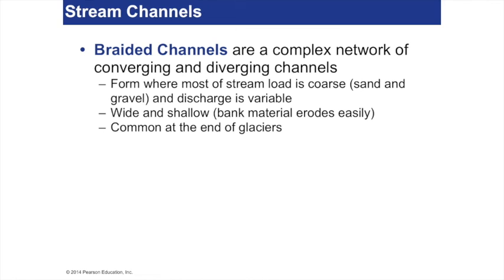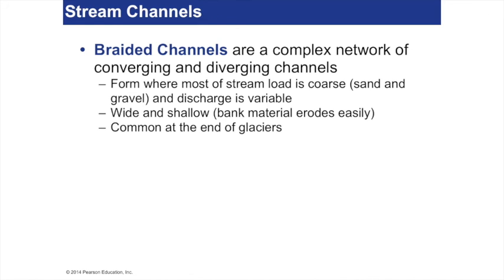So the whole channel has been essentially filled up, and then the water overflows its banks and finds a new path. And so you end up with lots and lots of little stream beds everywhere. So the entire plain is then filled with little rivulets or little rivers that are coming off of that main river. That's called a braided channel.